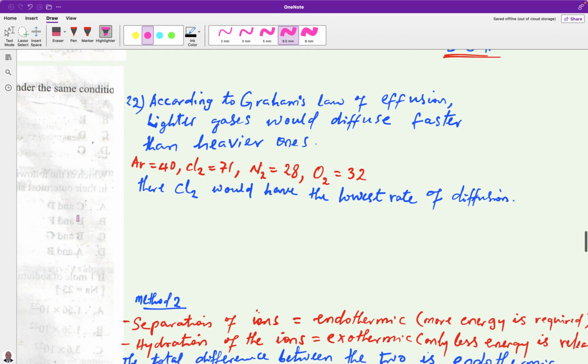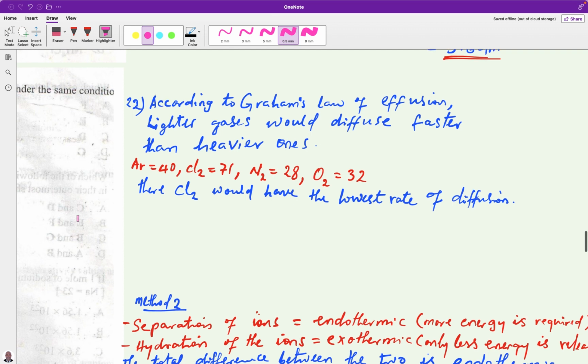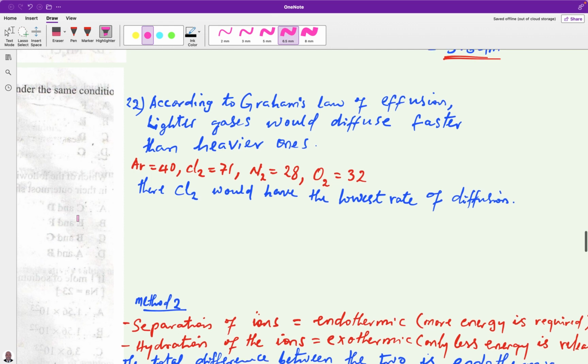Some of these lighter gases would diffuse faster than the heavier one. And how do you think we will know which gas is heavier than the other one? We can only know it from their relative atomic masses, that is, from their molecular weight.